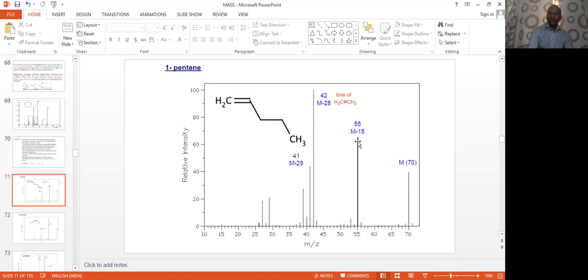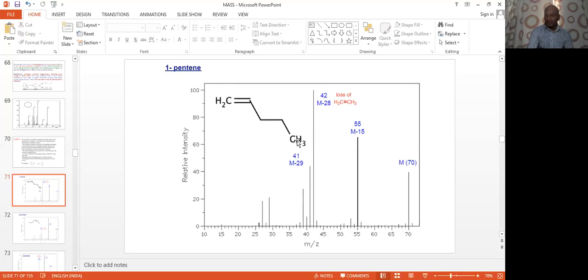Then the next cleavage occurs here, and the remaining part is removed as CH2=CH2, an olefin, and you will have the allylic cation, that is M minus 28, m/z value 42. This is the prominent peak, which we consider the most abundant ion. This is a characteristic peak for the allylic cation.